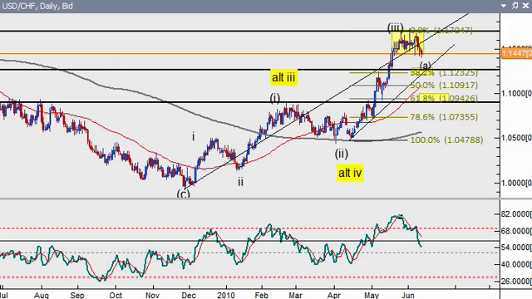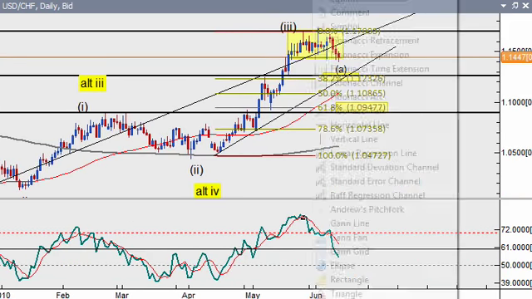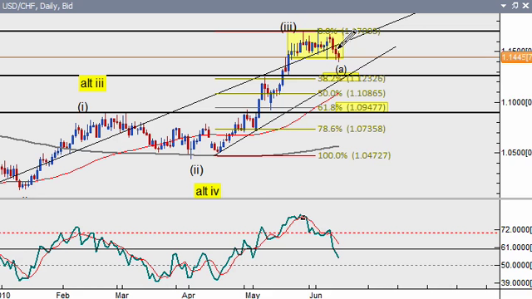Looking at the daily, the way we could anticipate this is, if there's a rally back up after wave A, it could be a flat where the market doesn't break above this. It could be an expanded flat where the market does break that and then comes back down. In any case, this wave C, this next wave after that, should have the equality of wave A at least. It could be even more.